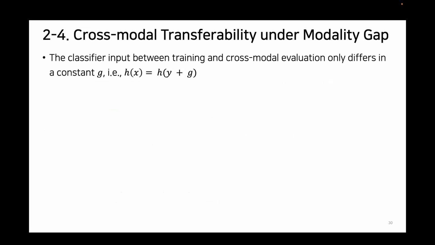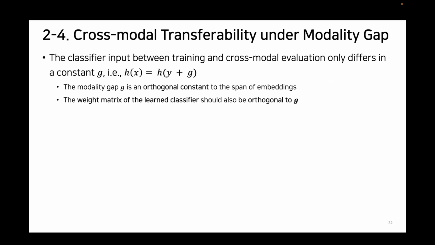So based on this definition and also the experimental results, the classifier input between training and cross-modal evaluation only differs in a constant G. So it is the same as G being the constant vector. So the modality gap G is orthogonal and a constant vector to the span of the embeddings. And then we can consider the weight matrix of the learned classifier.